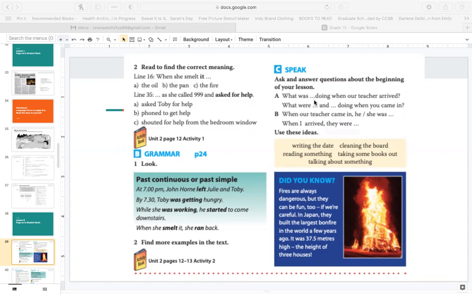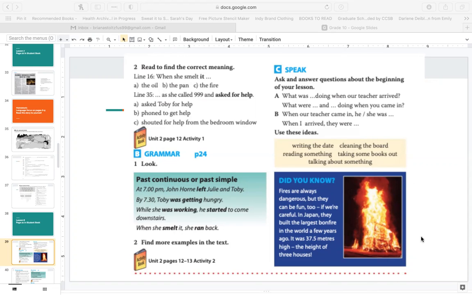Or what were you doing when the teacher arrived? This is an example of past continuous. I could say, I was writing on the board when my students came. I was opening my computer when the students came. I was sitting at my desk when the teacher came. All of these are examples of past continuous because they have the to be verb in the past, was or were, and ing.